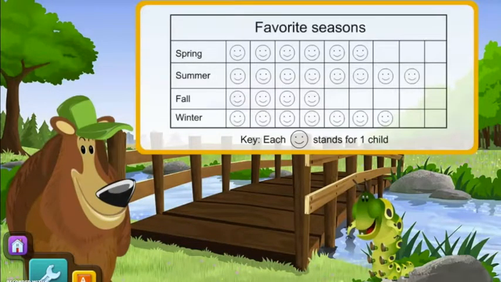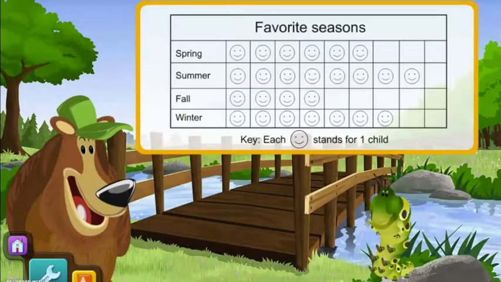I want to know how many children chose a favorite season that isn't winter. Carlos and I aren't sure how to read the picture graph. Let's find out how to use a picture graph to show data.